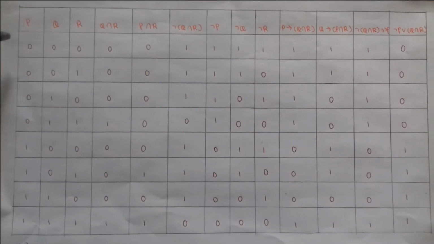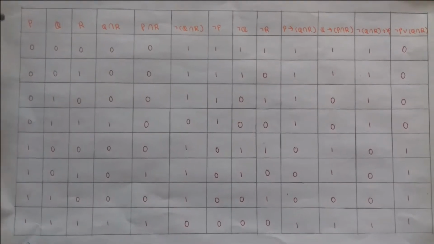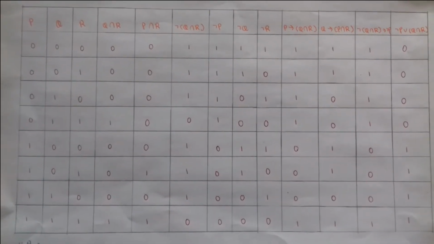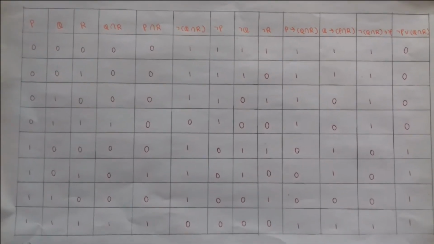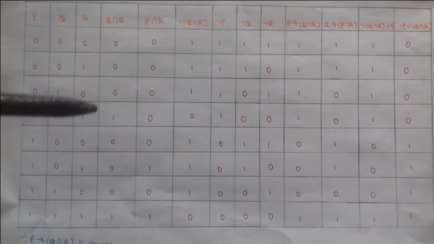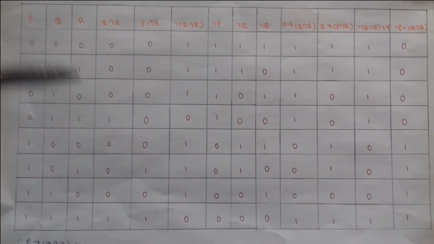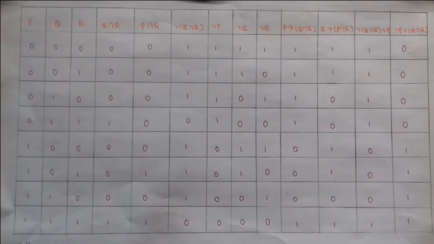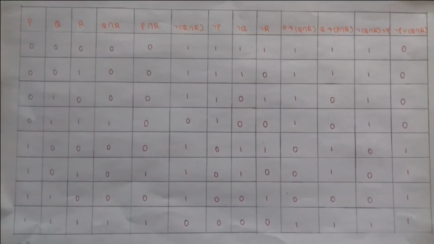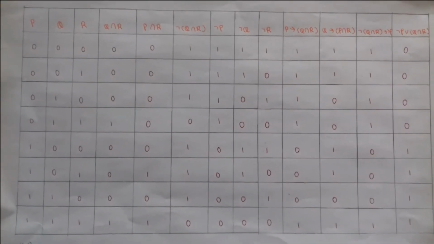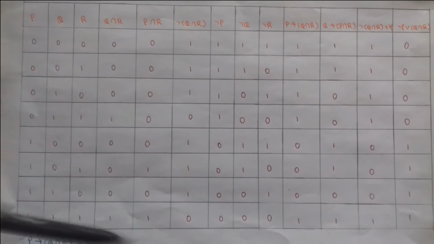After we construct the rows and fill in all the variables, we apply what we learned in the truth table, how to fill in the values in this truth table.